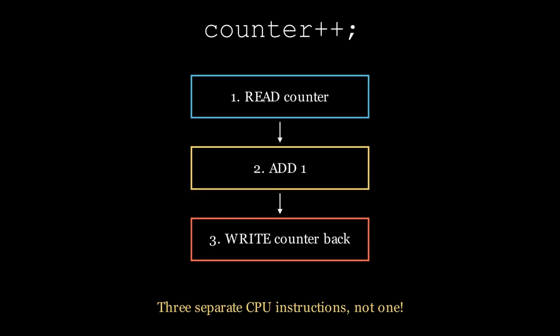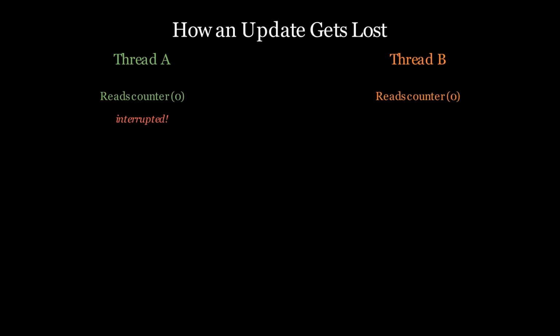Let's walk through exactly how an update gets lost. Thread A reads counter, it's 0. Before thread A can write its new value back, the operating system switches to thread B. Thread B reads counter, it's still 0 because thread A hasn't written anything yet. Thread B adds 1 and writes counter as 1.